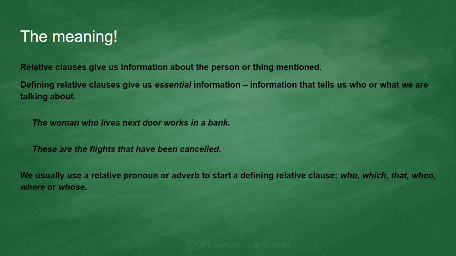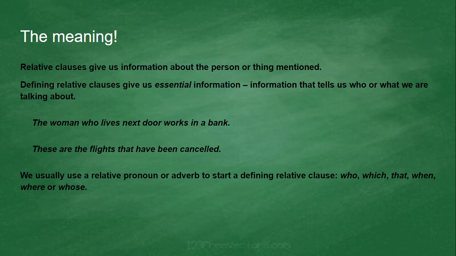As in the sentence previously, the woman who lived next door worked in a bank. The word who gives us the information about the woman. These are the flights that have been cancelled. The word that gives us the information about the flights that have been cancelled.